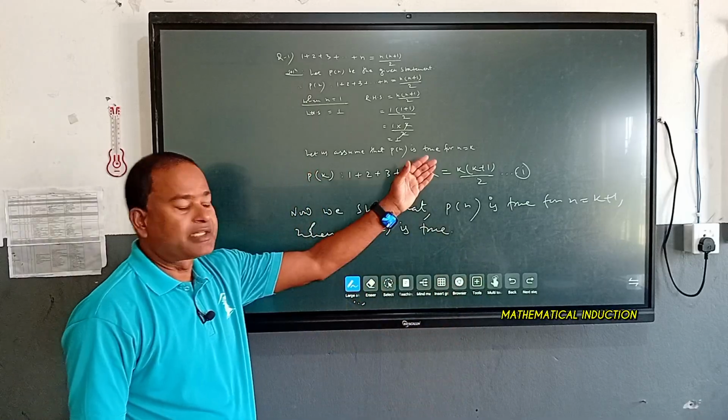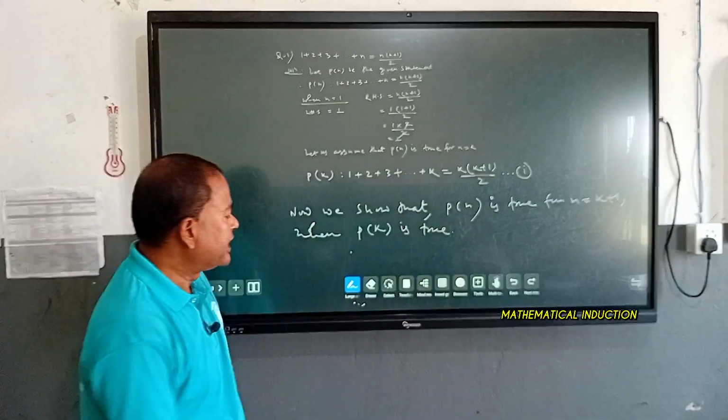That means when the given statement is true for n equals k.